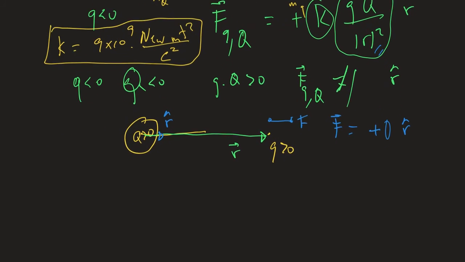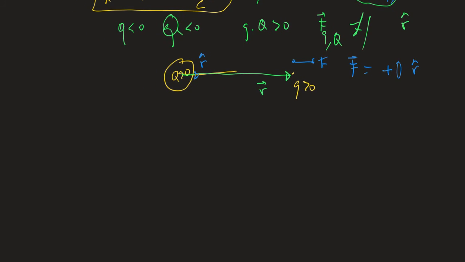Let's do it in the case that little q is negative, but capital Q is positive. So in this case, Q will be here and q will be here, negative.